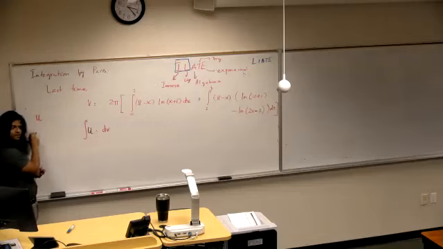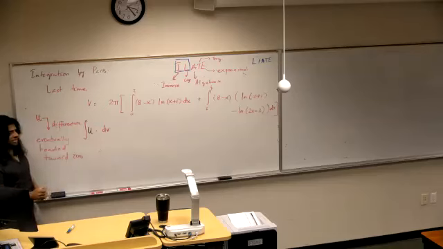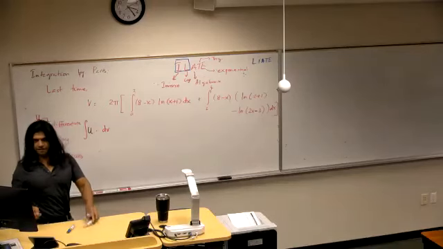The choice of u must be in such a way that as you differentiate, you eventually head towards 0.